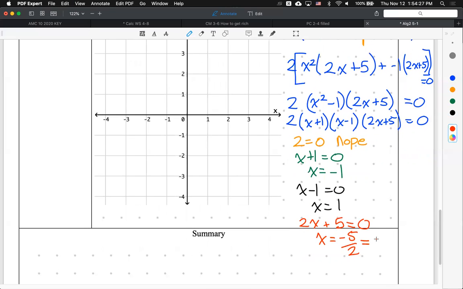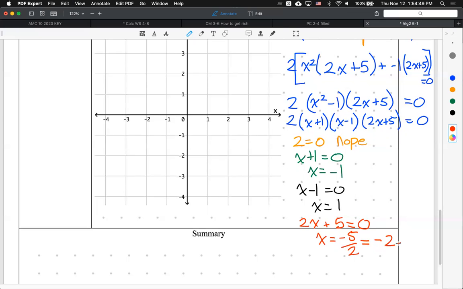Gunnar, what is the decimal form of this? It's going to be negative something, right? Two and a half.